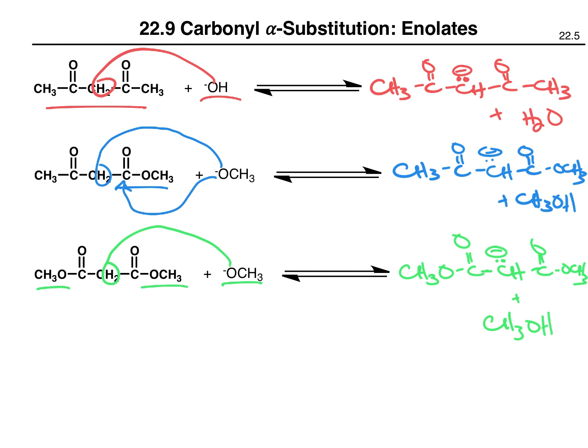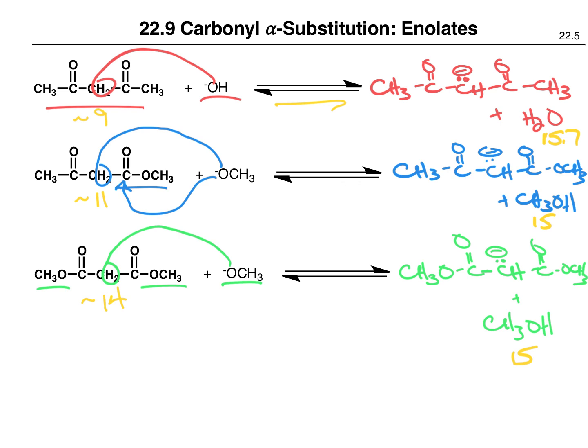If we think about pKa values, a beta diketone has a pKa of about 9, a beta ketoester is around 11, and a beta diester is about 14. Water, we're looking at 15.7. Methanol is 15. So in the first example, this one is our stronger acid, so the equilibrium lies to the right.